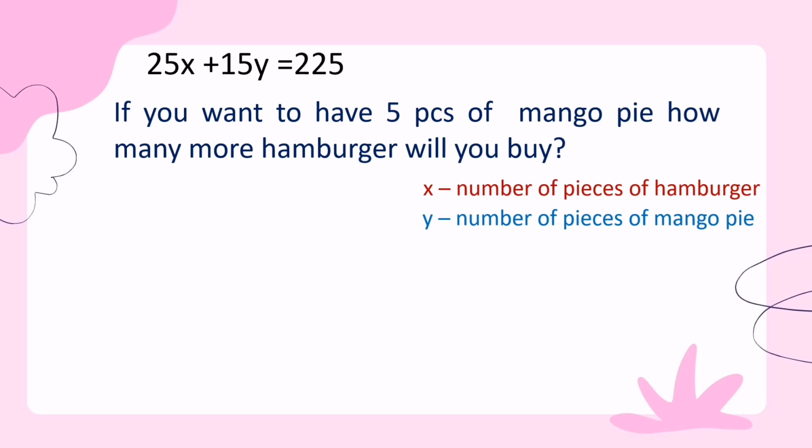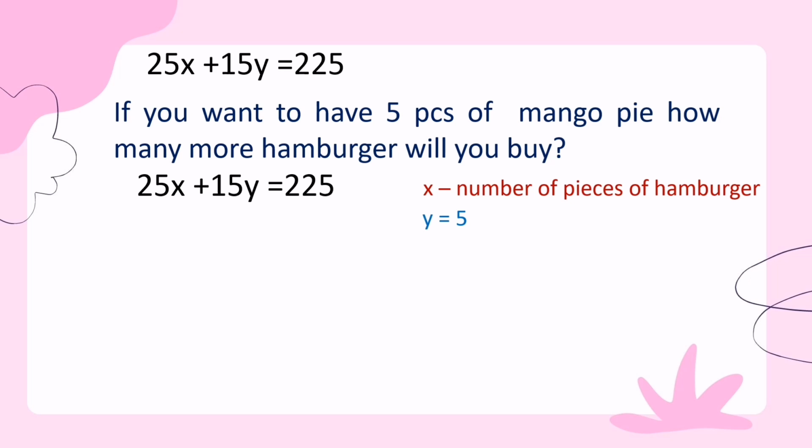And take note that the number of pieces of mango pie, which is represented by y, is given, that is equal to 5. And using the equation 25x plus 15y equals 225, we now substitute the value of y in the equation. So 25x plus 15 times 5 is equal to 225.